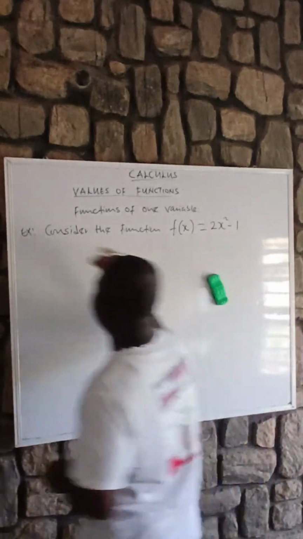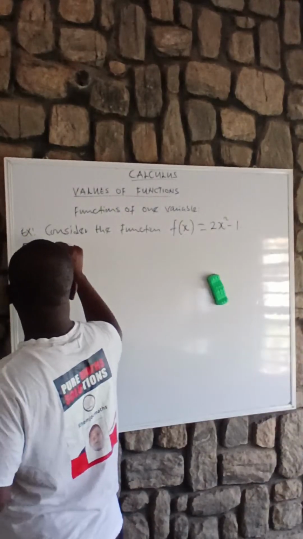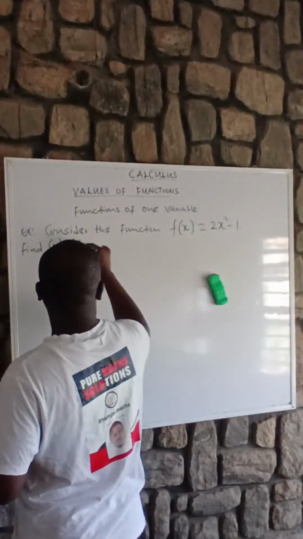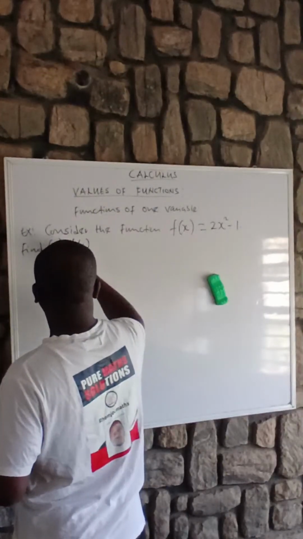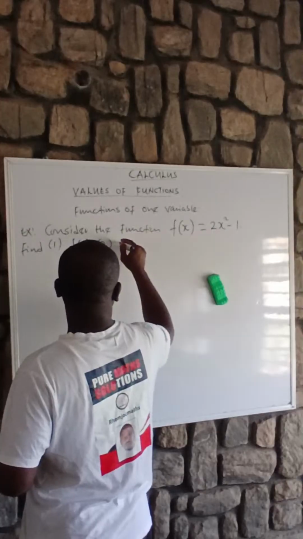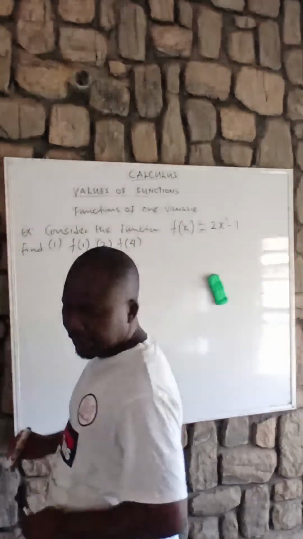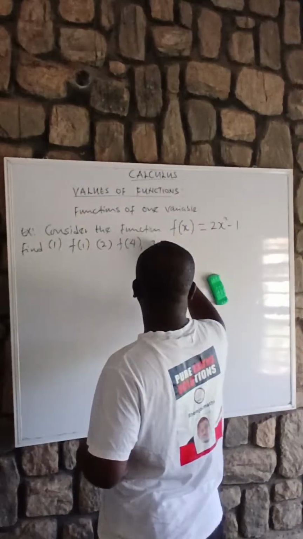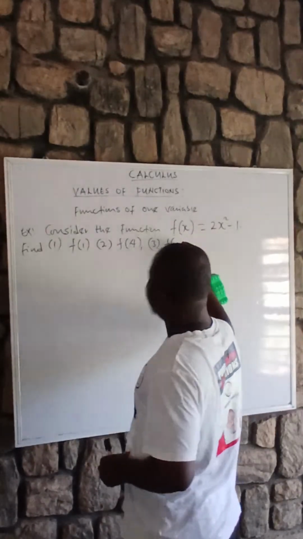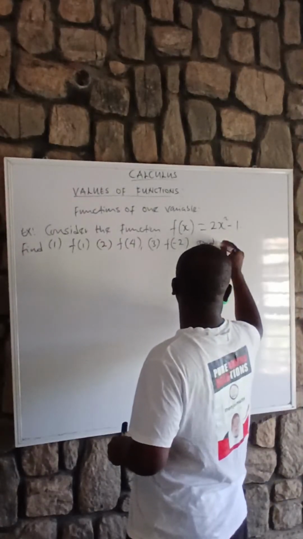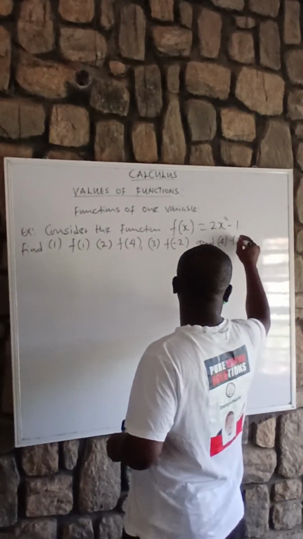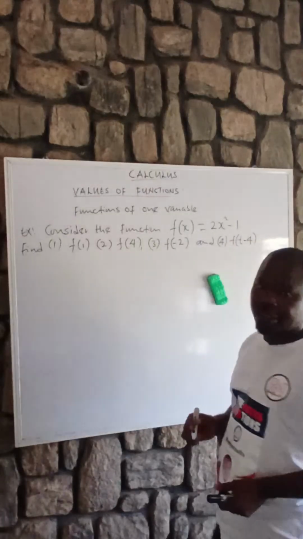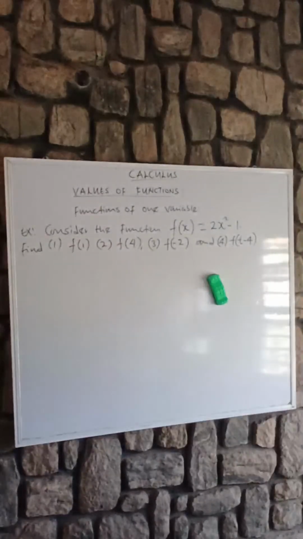Then find f of 1, f of 2, f of 4, f of 3, f of minus 2, f of 4, f of t minus 4, right?